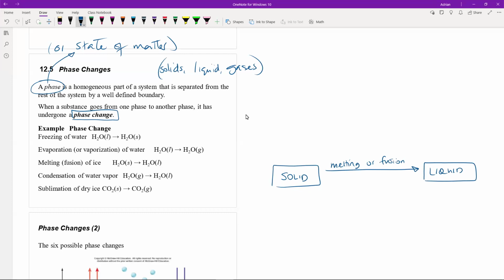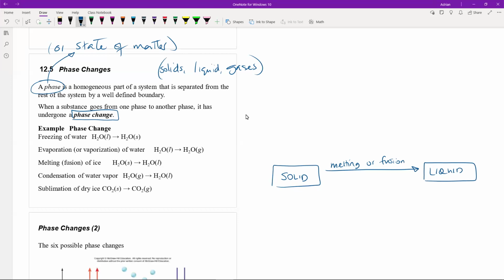And if you ever get confused with some of these phase changes and the names and the energies associated with them, you can think about the one substance that does exist under normal circumstances in all three physical states, and that would be H2O or water, right? So going from solid water to liquid water, for example, we know that ice melts. That's the melting process, or that's also called fusion.